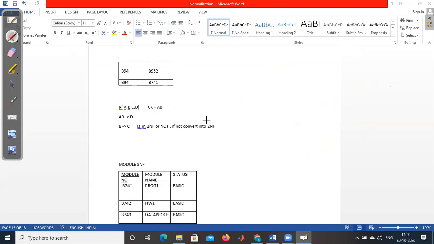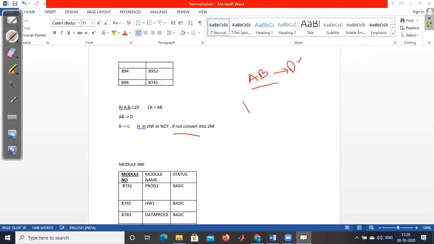Now it is clear that the relation ABCD with the given functional dependencies is not in the second normal form. We have to convert it into second normal form. How? See AB tends to D. That means D is fully dependent on the primary key attributes.